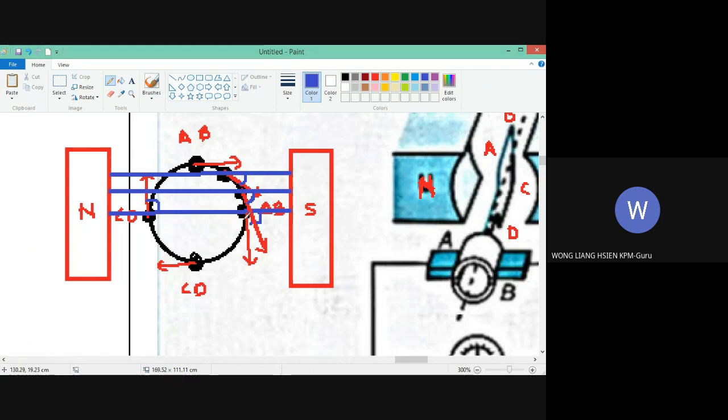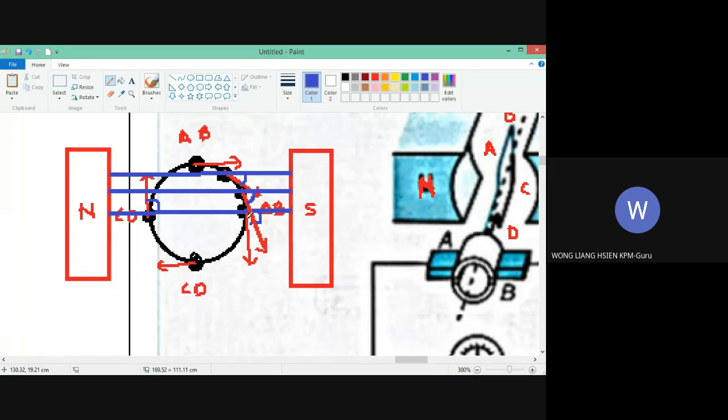So at 90 degrees, the magnitude of the EMF is at maximum. And when the angle is at 0, that means parallel, then the magnitude of the induced EMF will be at 0.